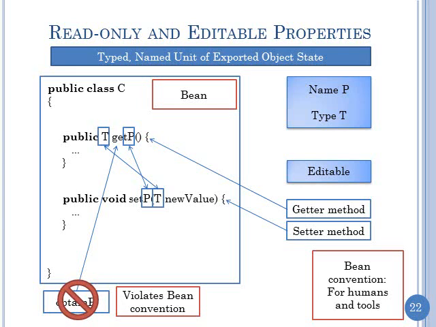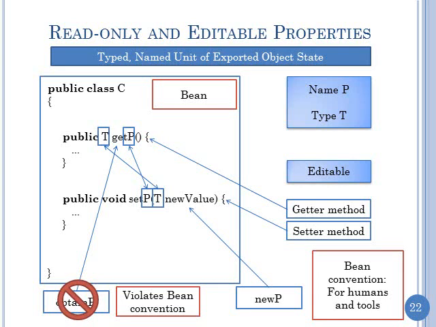And so there are conventions. It's not following the conventions. Do these conventions have a name? Anybody heard the term? Bean conventions. Java created these conventions, and they're called the Bean conventions, and we'll require you to follow the Bean conventions.